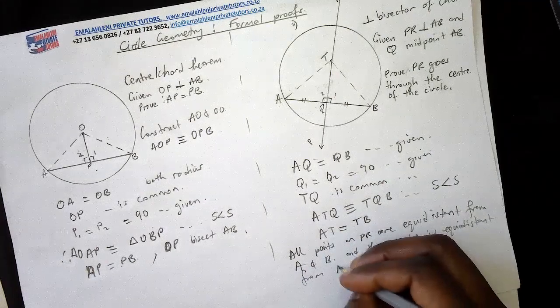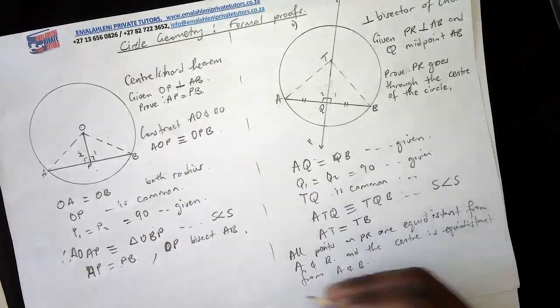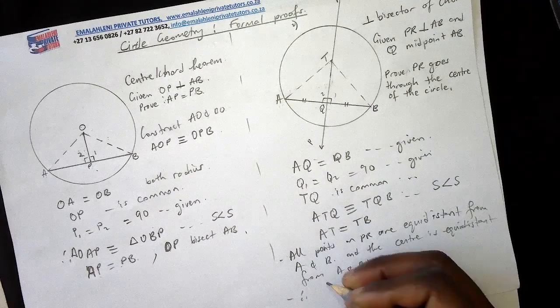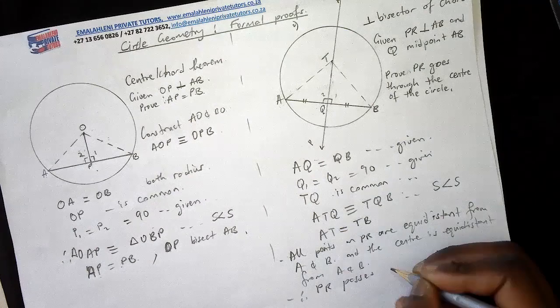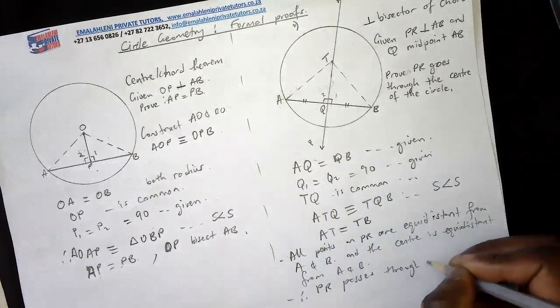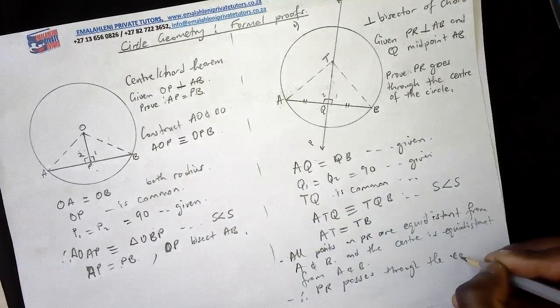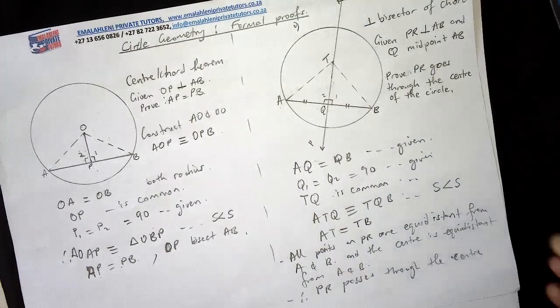Therefore, PR passes through the center. That's what we have here.